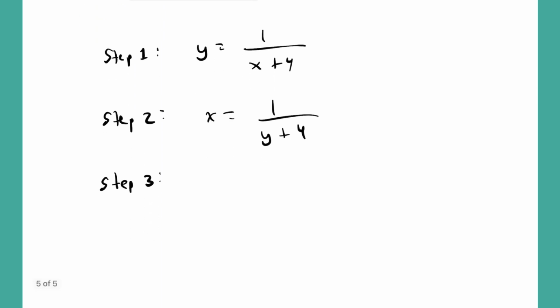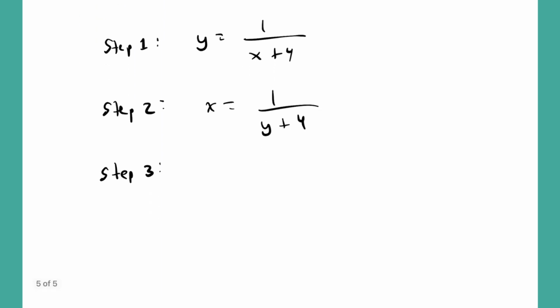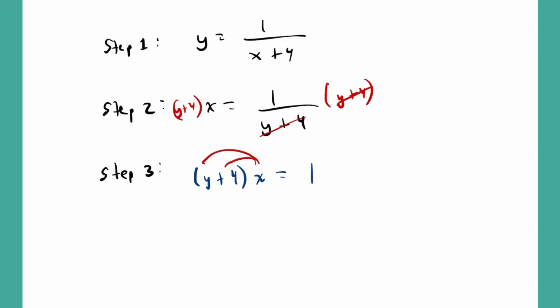And then step 3 is when you solve for y. So now we need to solve for y. In order to solve for y, we're going to have to multiply both sides of this equation by the denominator. That's going to leave us with y plus 4 times x equals 1. Then we can distribute, or we don't even have to distribute because we're solving for y.